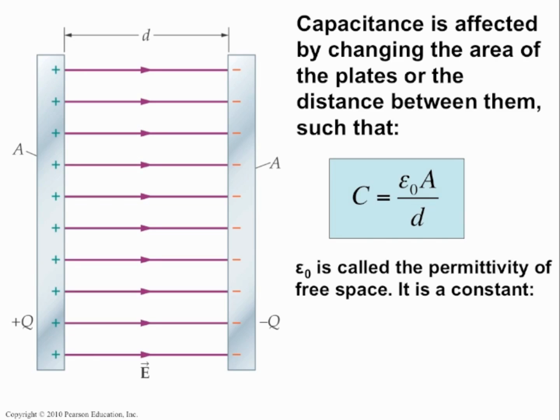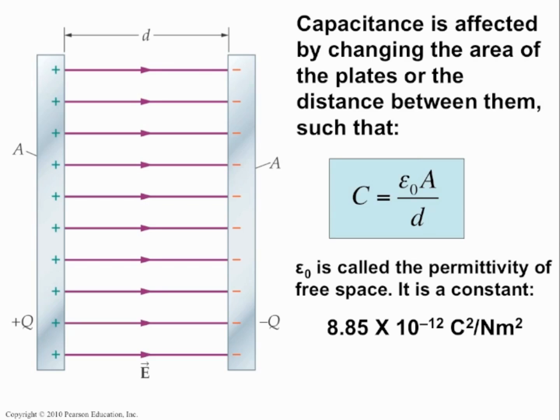Now, epsilon-naught is called the permittivity of free space, and it is a constant, 8.85 times 10 to the negative 12 Coulomb squared per Newton meter squared. A few things regarding this constant. First of all, you don't have to memorize it because I'll give it to you if you ever need it, especially on a test. It is a constant of variation, just as we've seen with big G and gravitation, and we've seen it with K in the electric force.